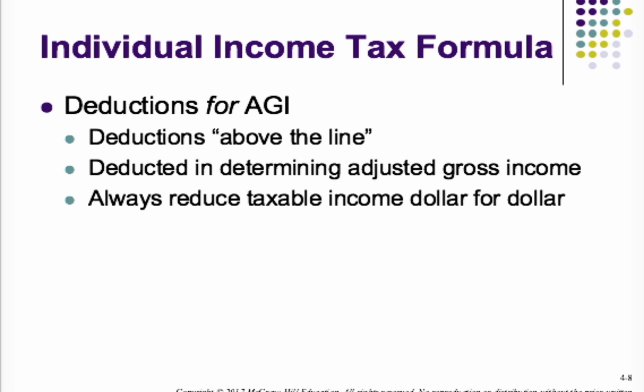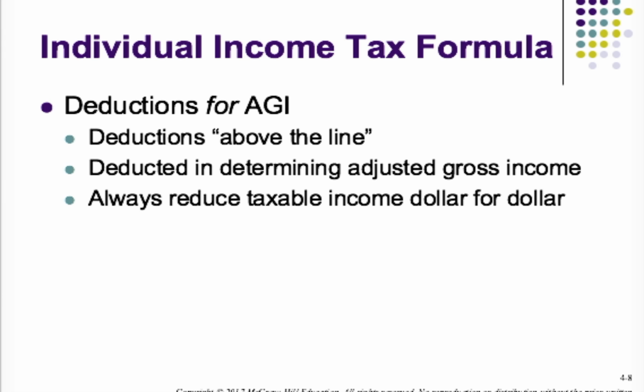You will hear in this course and in practice the term above the line deductions very often, above or below the line. The line in question is AGI, or adjusted gross income. So above the line means taken before calculating, so deductions taken before calculating AGI, and below the line means taken after calculating AGI.